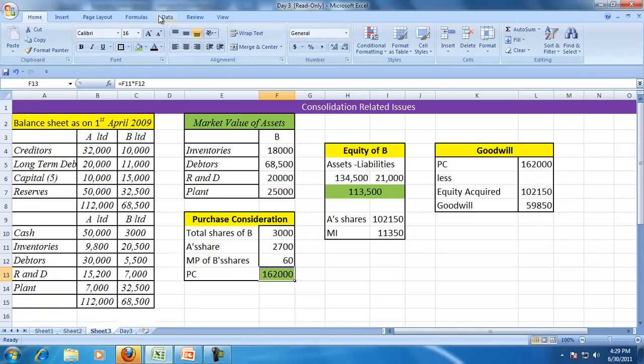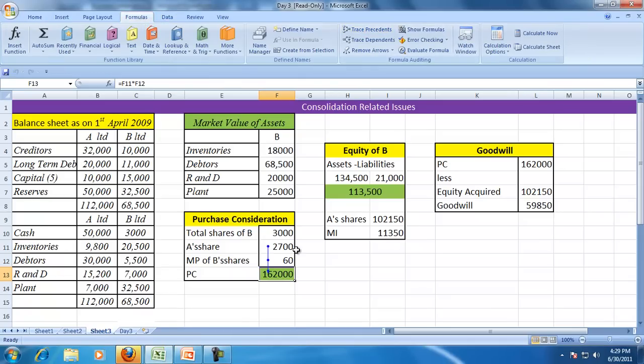162,000 is the shares taken by A at the market price of 60. The equity acquired is 90% of the total equity of B, and the total equity of B is 134,500 minus the liabilities, 10,000 and 11,000, so 113,500.